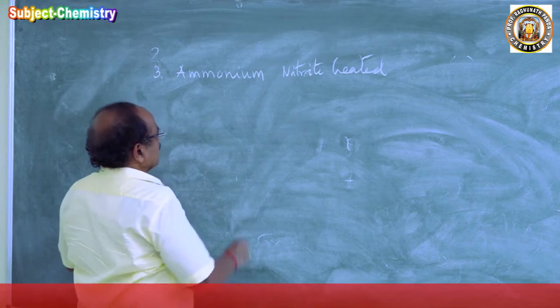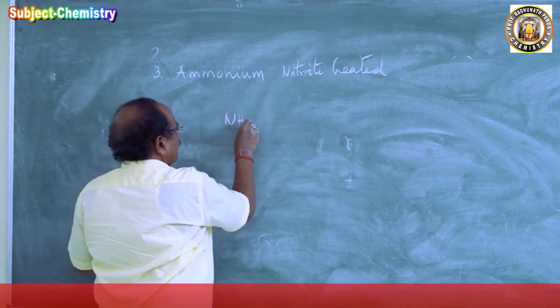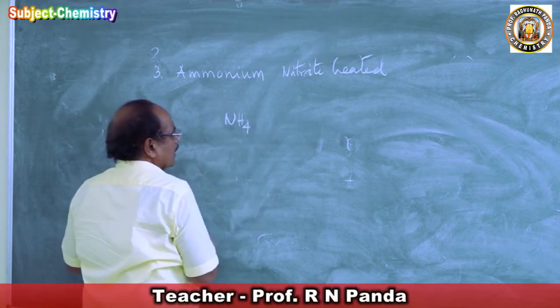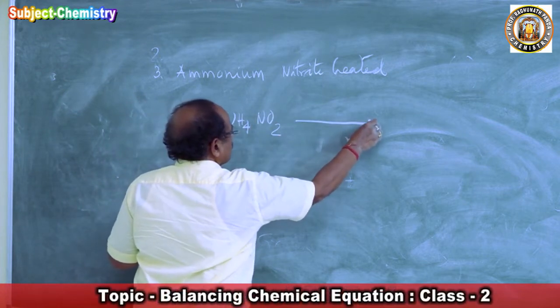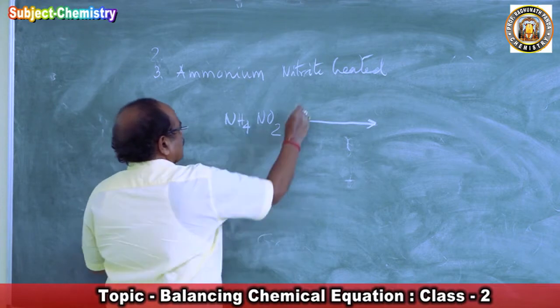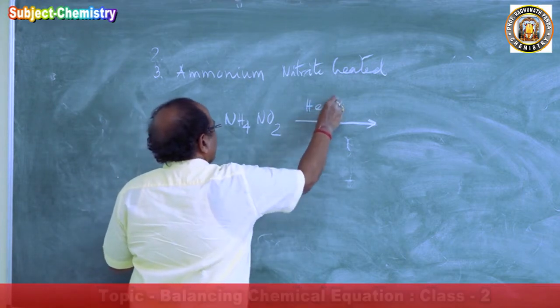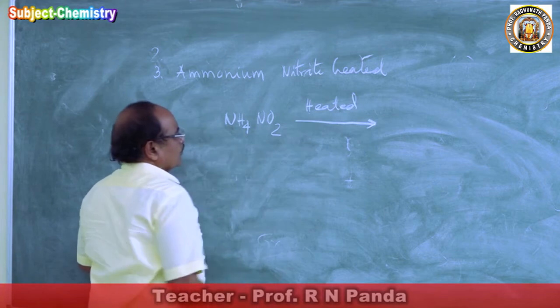This is ammonium, NH4, then NO2. Write them in chemical form. Heated. This is the chemical reaction. We will write the equation for this.